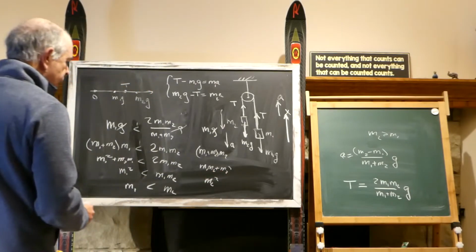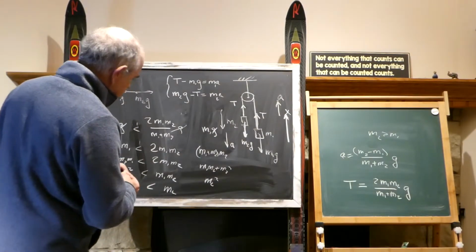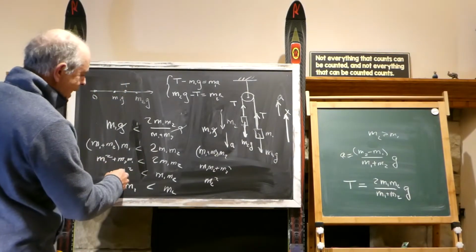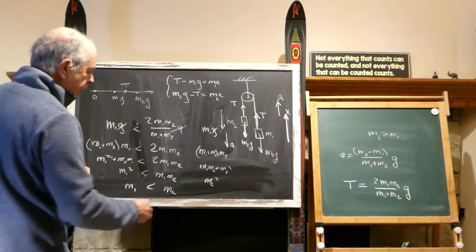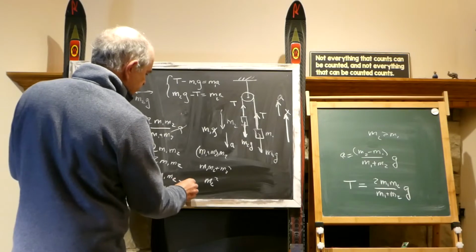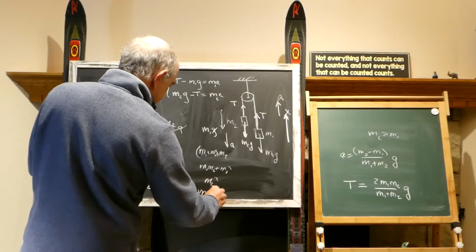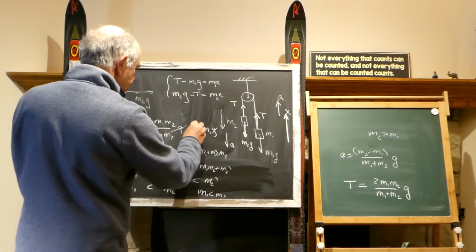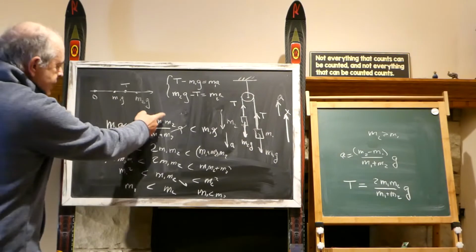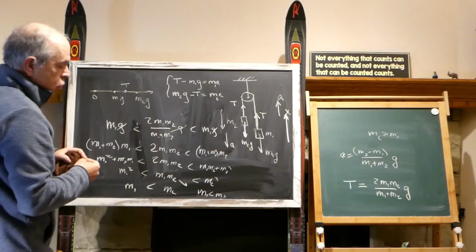The only difference is that previously I divided by M1 and got M2 greater than M1, and here I divide by M2, so M1 is less than M2. Going back up, I receive, yes, that this number is always between M1G and M2G, as it should be.